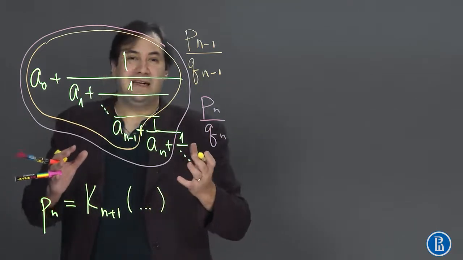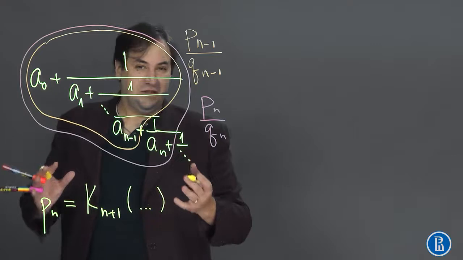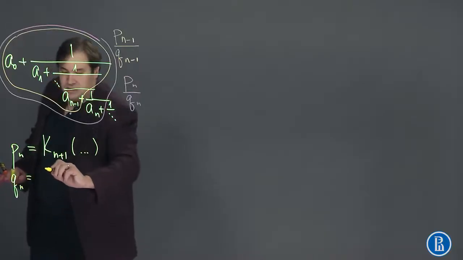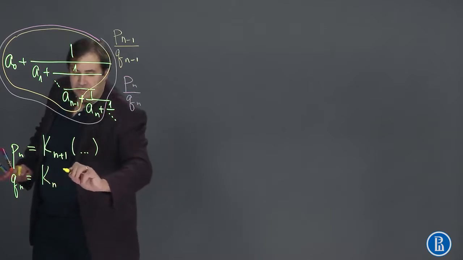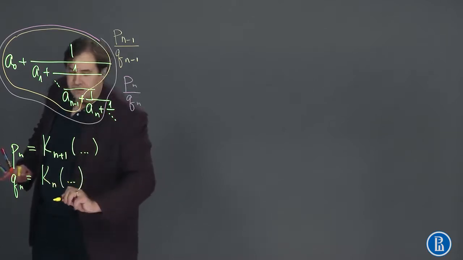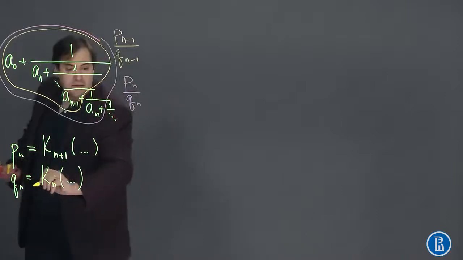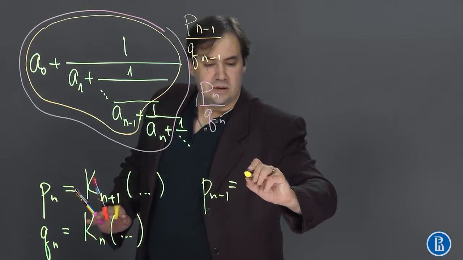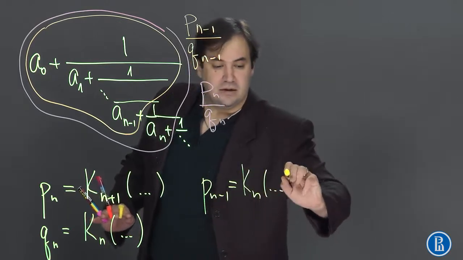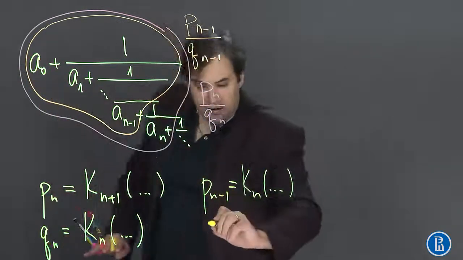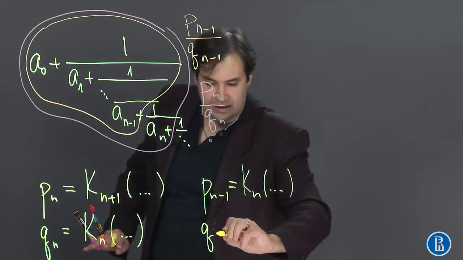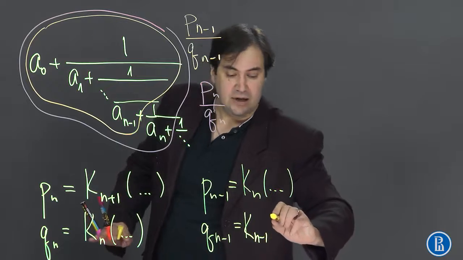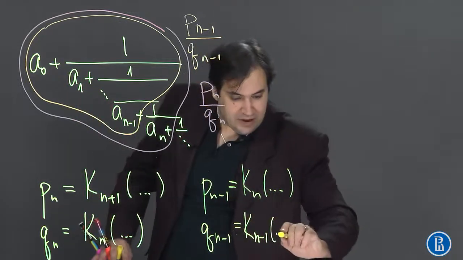You'll have to either believe me that everything will be okay or check it yourself. qn is equal to the continuant with index n. At the same time, p with index n minus 1 is equal to continuant n of some of these a's, and q with index n minus 1 is equal to the continuant with index n minus 1 of, once again, some of these a's.